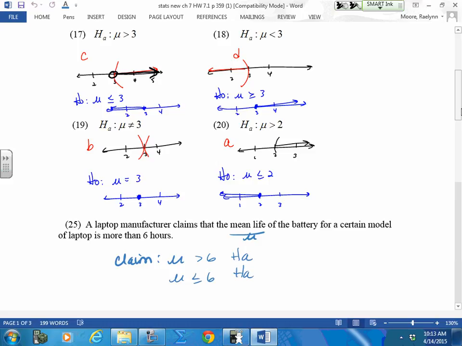All your HAs are going to be open circles, because there's no equal signs in your HAs. Your complement to that is going to have an equal sign in it, because they gave you all the HAs. You need to find all the HOs.